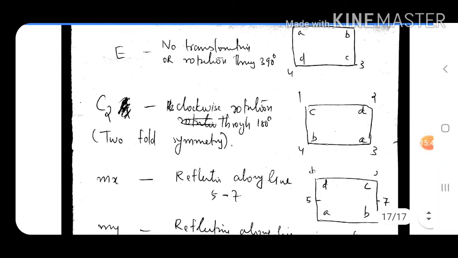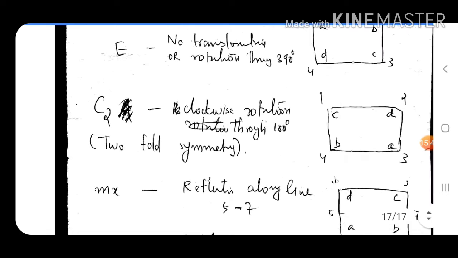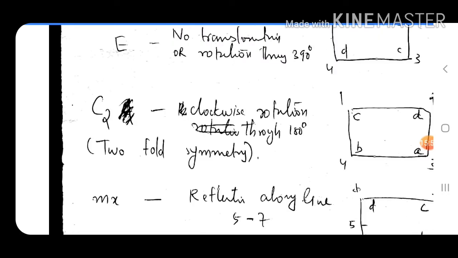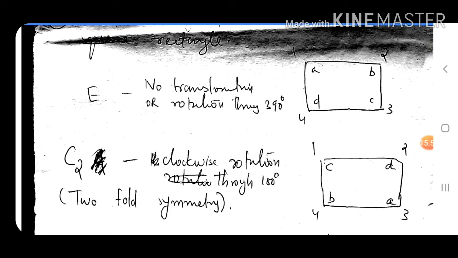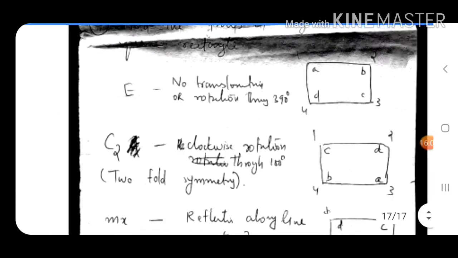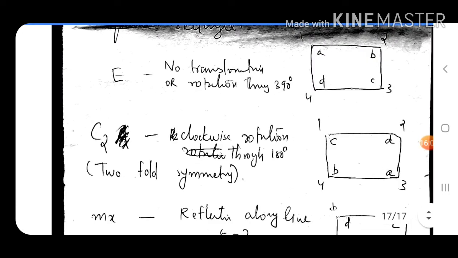C2, what is C2? We are rotating through 180 degrees, which gives a symmetry transformation, and we say it has a two-fold symmetry. When we rotate through 180, A in corner 1 will come to corner 3, B in corner 2 will come to corner 4, and in the same way C and D will change positions. This is C2, a clockwise rotation through 180 degrees, two-fold symmetry.